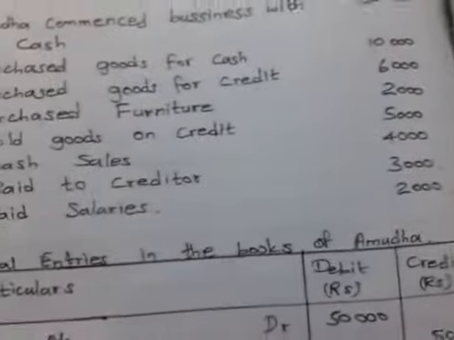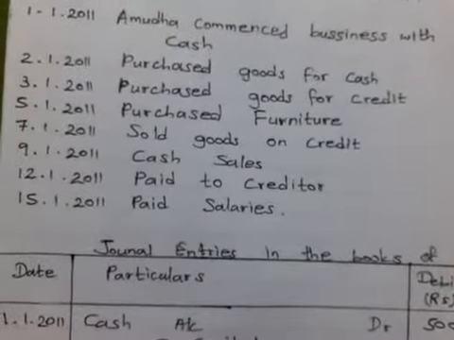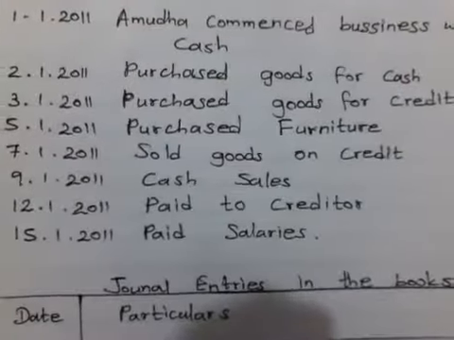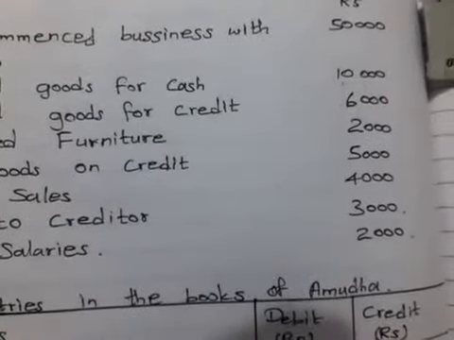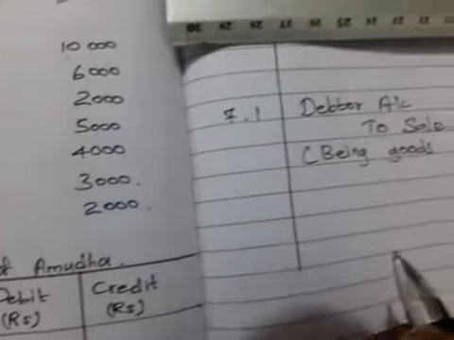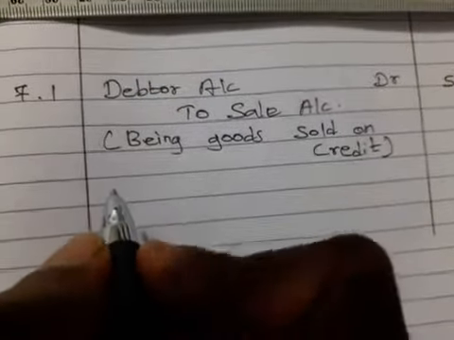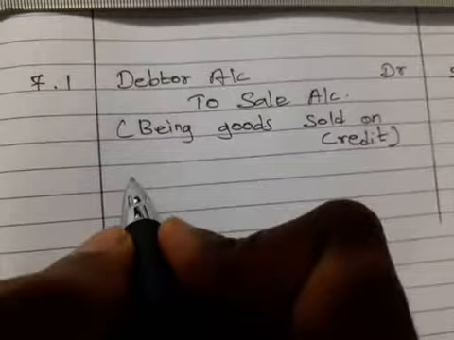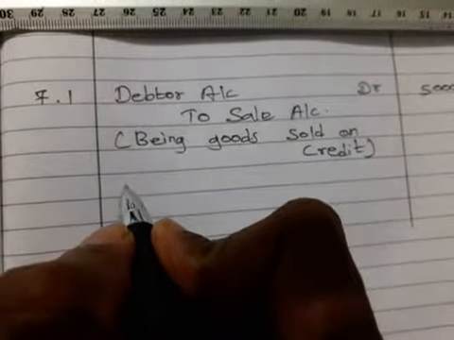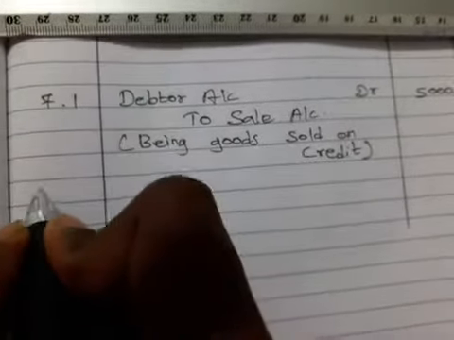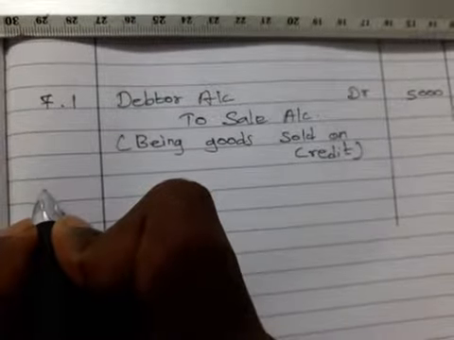Next transaction. 9th of January, cash sales 4000. In this transaction, the sale is made on the basis of cash. So in this case, cash increases, the firm receives the cash by selling the goods.